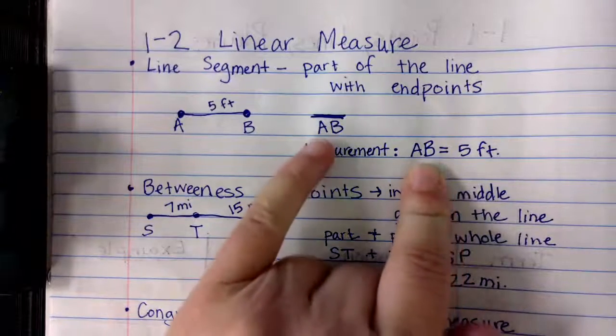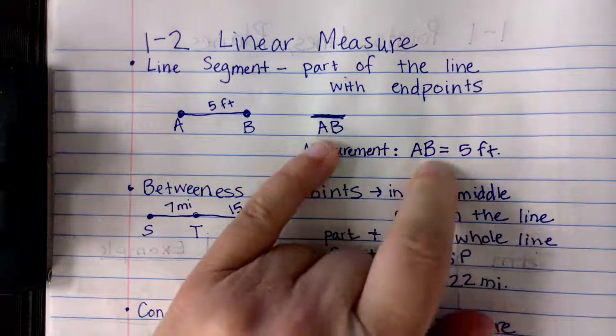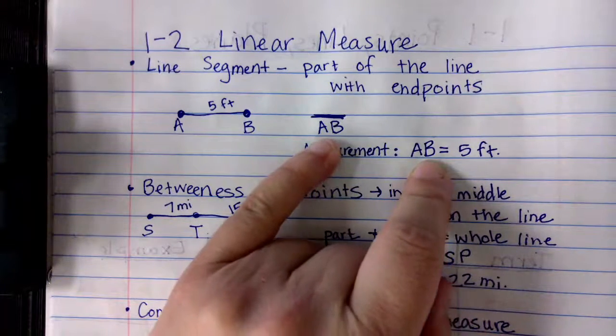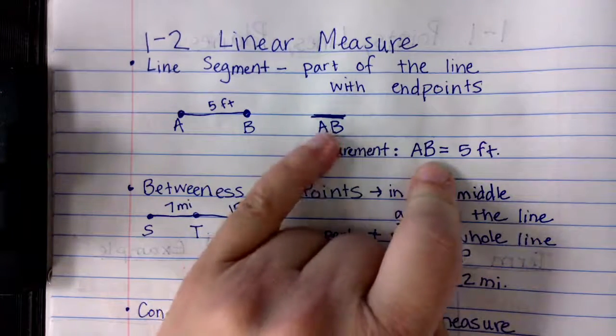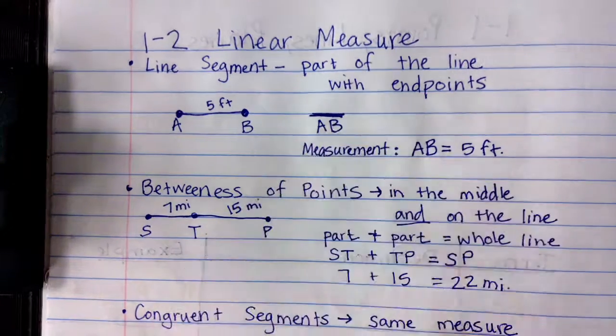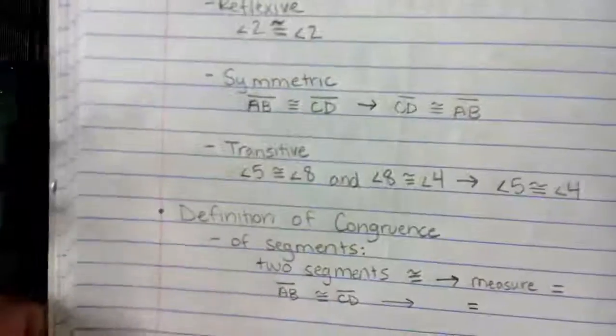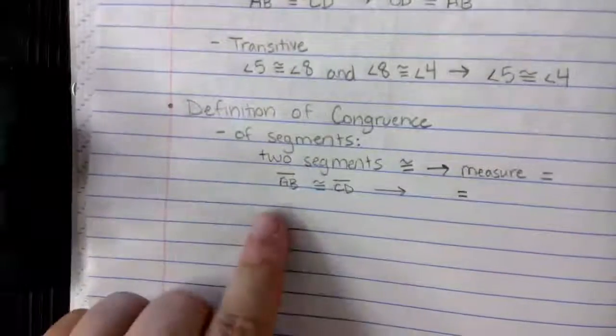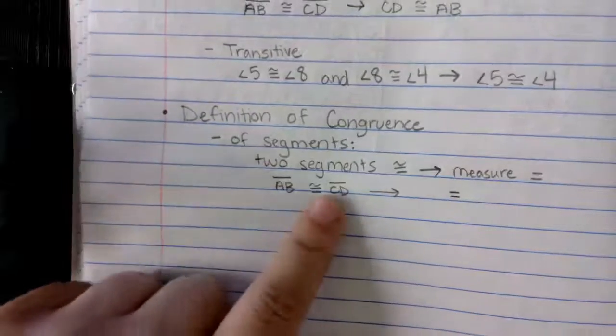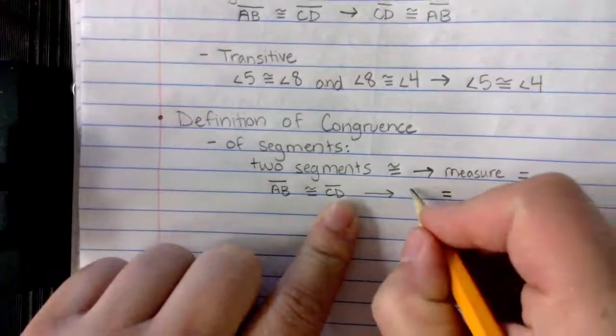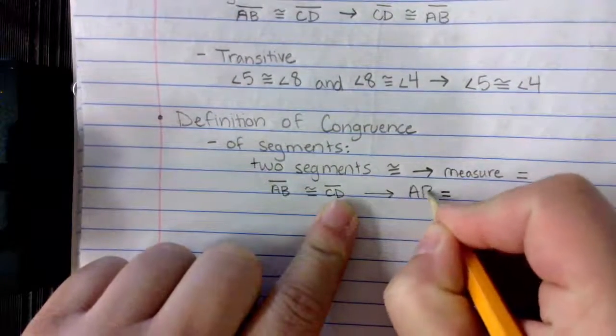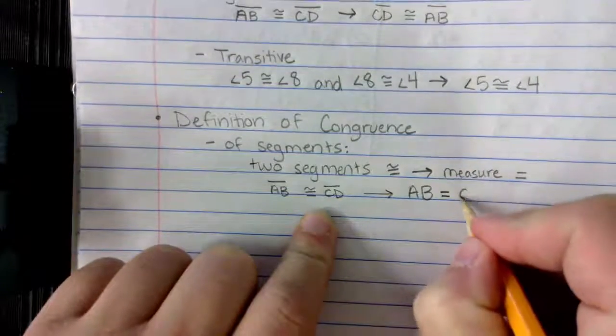So what's the difference between the way we say it and the way we write the measurement? Like the line. We just don't use the line when we do measurement. Okay? So when we write this, if we know that segment AB is congruent to segment CD, we can say the measurement AB is equal to the measurement CD.